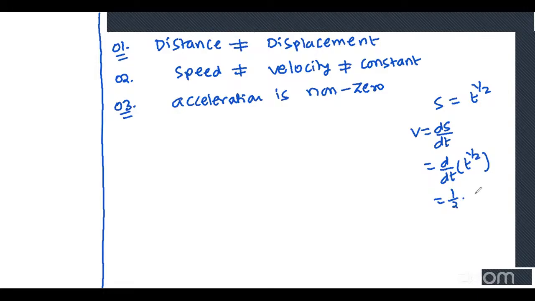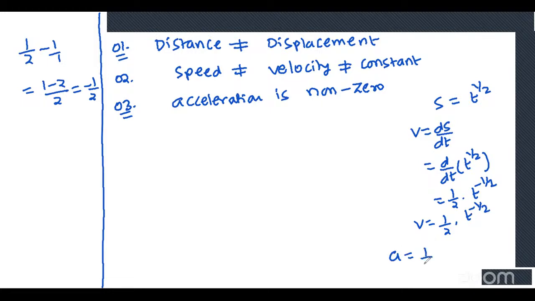Half into, if we differentiate it, we'll get half minus 1, means we'll get minus half. So velocity equal to 1 by 2 into t power minus half. So acceleration will be half into d by dt of t power minus half. So that's why we can say that acceleration is non-zero in non-uniform motion.